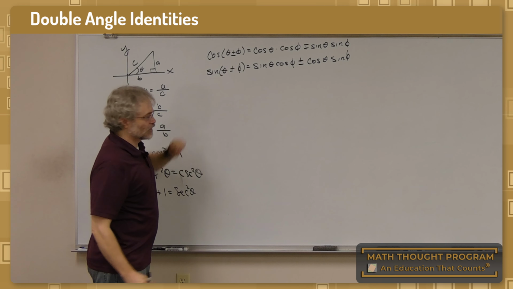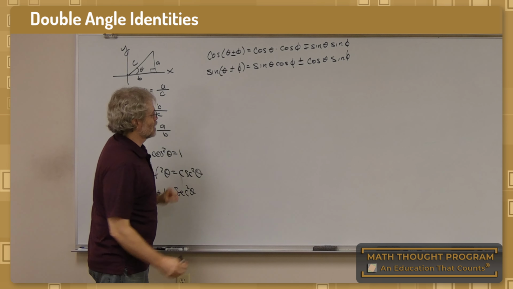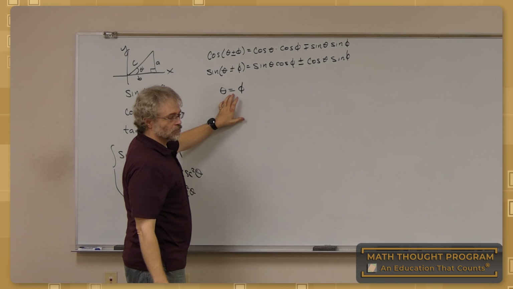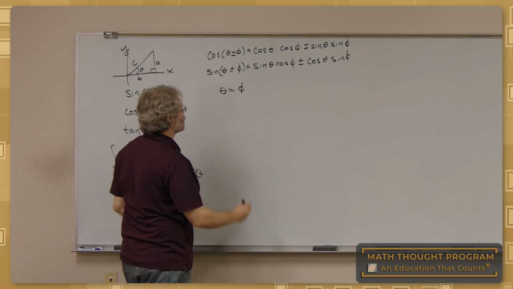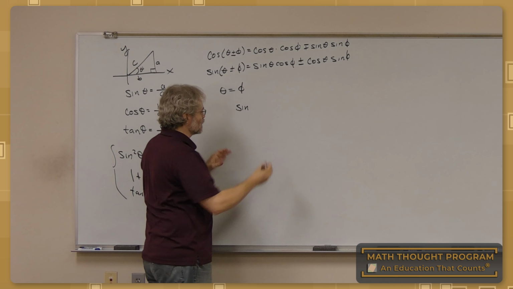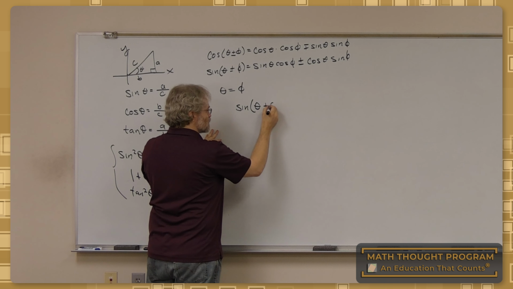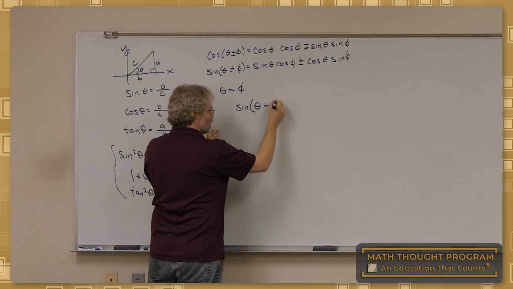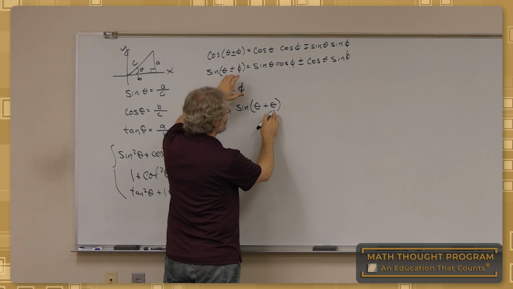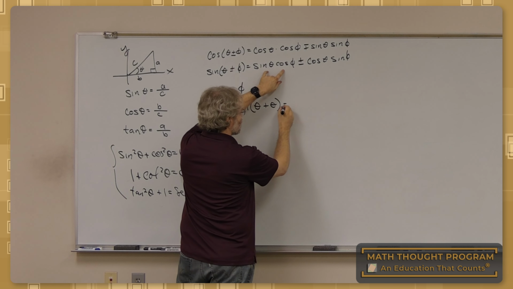What if you take theta and suppose it is phi? Okay, apply the identity. Right here, you're going to have sine, and it's not going to make a lot of sense to look at the difference, but if I looked at the addition, that's going to give us a lot more information. Okay, so I have sine of theta plus phi, which is going to be theta. Take everything, drop it in.